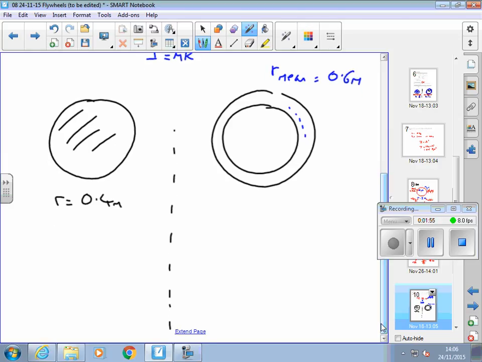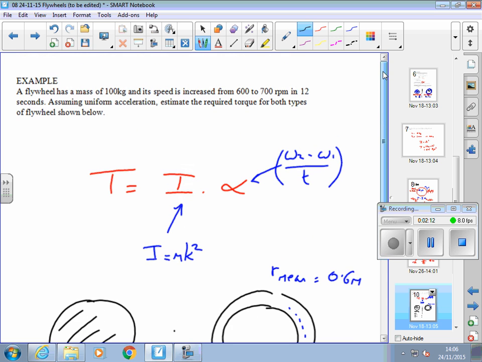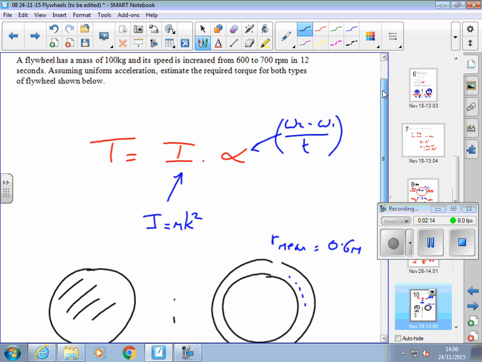So we know the mass. We know the radius, we know the mass. We know the frequency initially and finally. And we know the time.